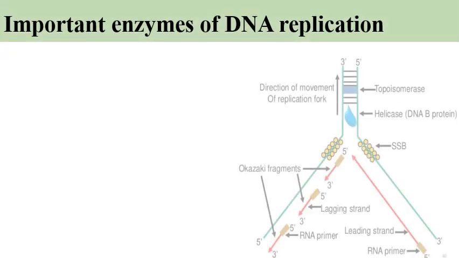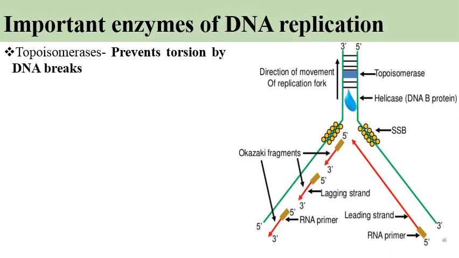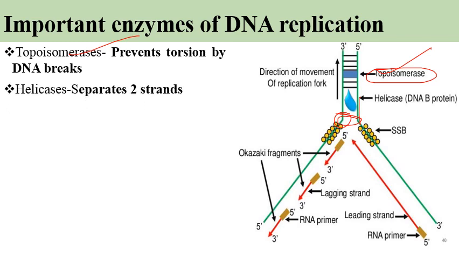Important enzymes of DNA replication, again: first is topoisomerase. It prevents the torsion which is developed behind the replication fork. So यहाँ पे जो topoisomerase enzyme है ये relieve करता है tension को जो develop होती है यहाँ पे. Helicase helps in separation of DNA strands. This is DnaB protein which acts as helicase. It helps in uncoiling or unwinding of DNA double helix.